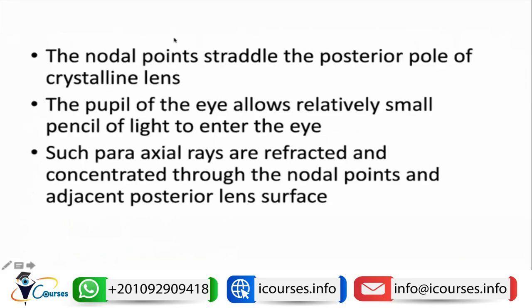Also, this is a common area asked about in MCQ exams: the nodal points straddle the posterior pole of the crystalline lens. So we have one nodal point in front of the posterior lens surface, and the other behind it. The pupil of the eye allows only a small amount of light rays to enter the eye, and the paraxial rays will be refracted and concentrated through the nodal points and the adjacent posterior lens surface.